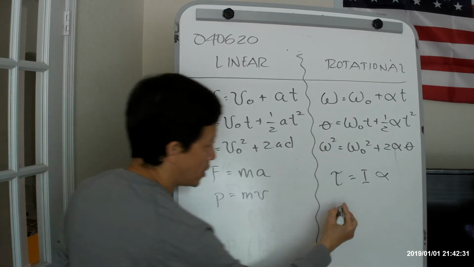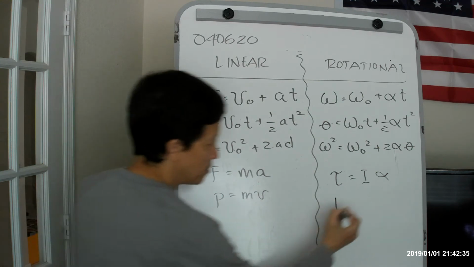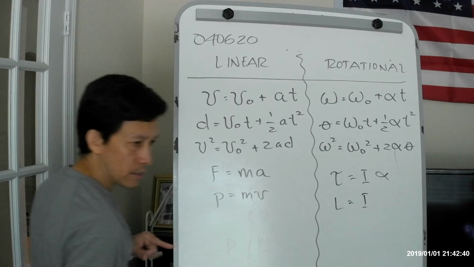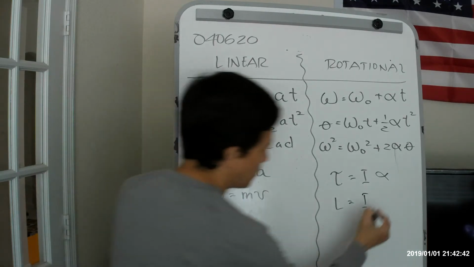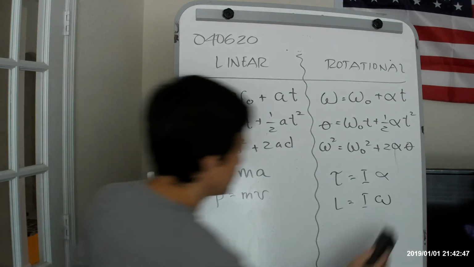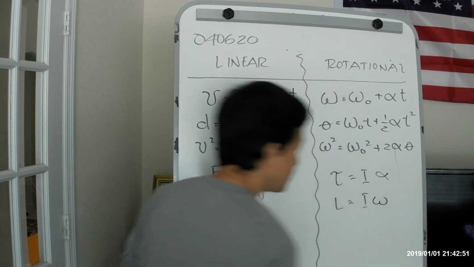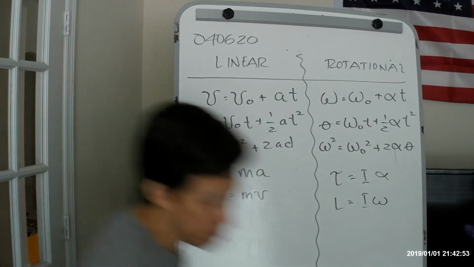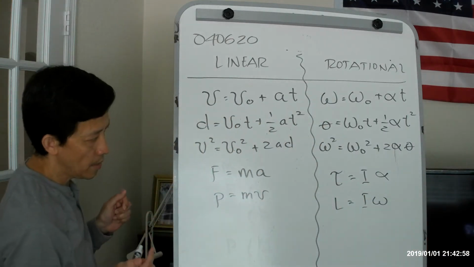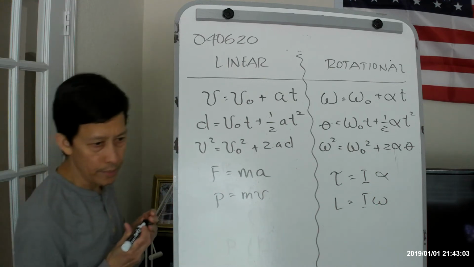For rotational, p turns into angular momentum L. So m turns into rotational inertia, and v turns into omega.